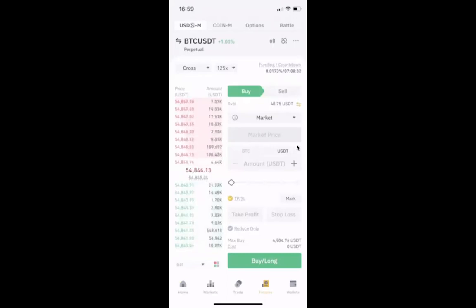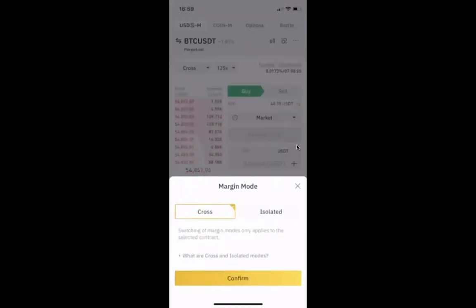So with cross, you are entering with everything that you have, and with isolated, you lose only the margin that you entered with. So it's always advisable to use isolated, because you don't want to lose everything in your account.